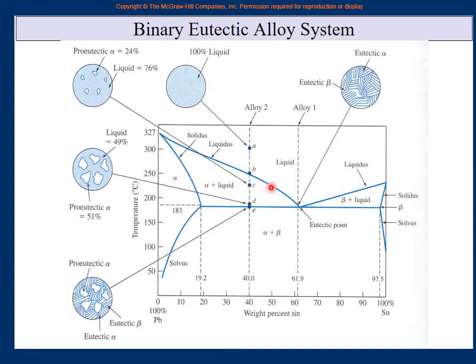Here is the weight percent solid, here is the weight percent liquid, and here is the original composition, 40. So what is the mass fraction of the liquid? This value minus this value upon the total. What is the mass fraction of solid? Opposite side, this value minus this value upon the total, right? So that is what they are doing there.